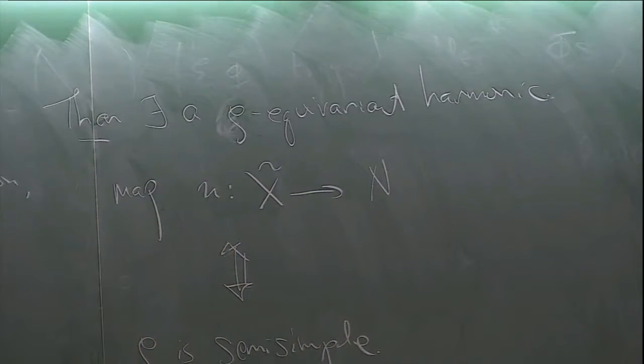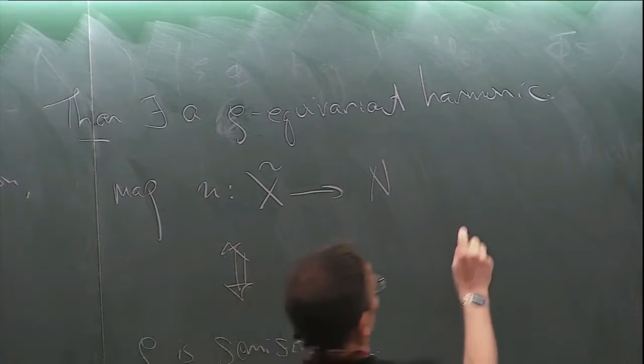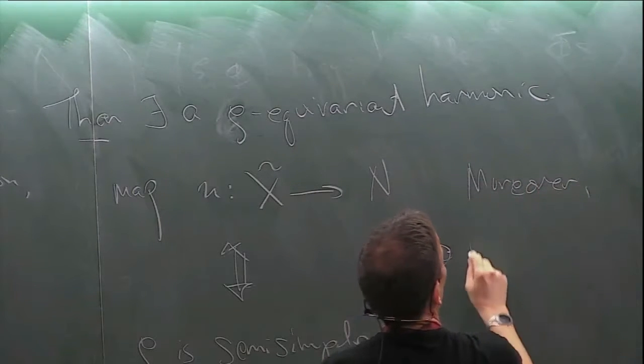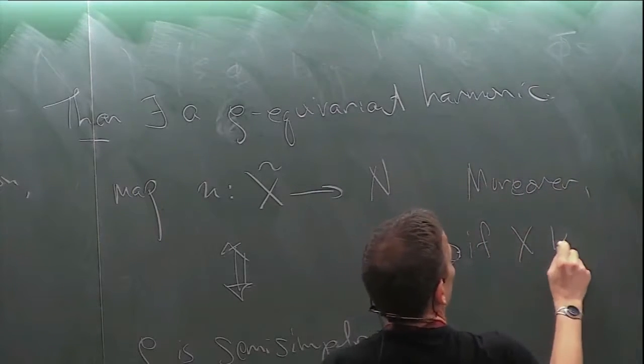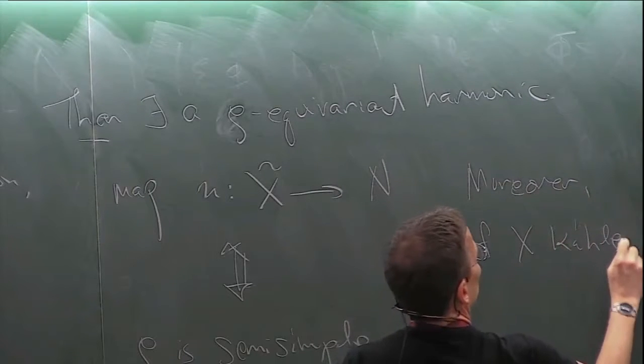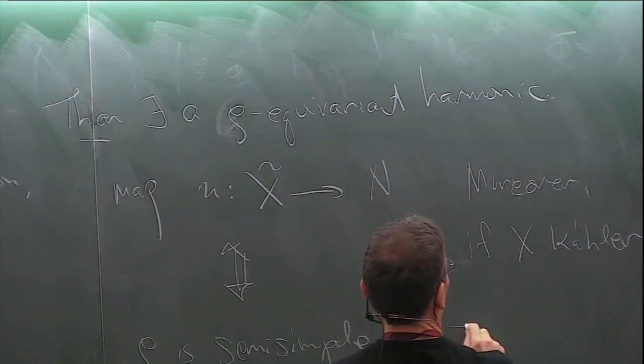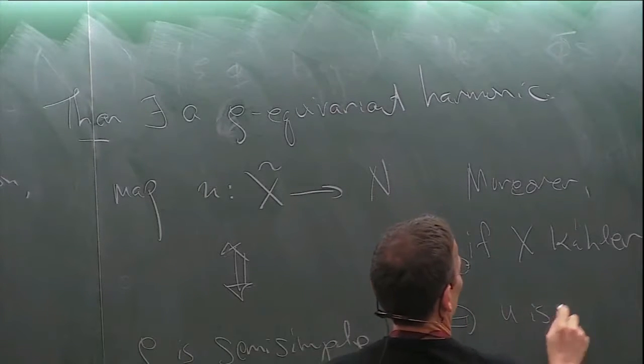And moreover, if X is a Kaehler manifold, this map is pluriharmonic. So that's the Siu-Sampson result. If X is Kaehler, then u is pluriharmonic.